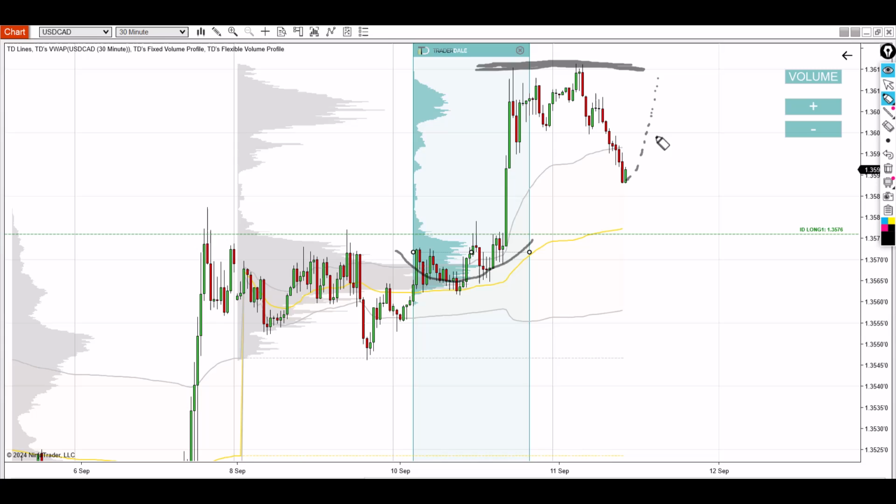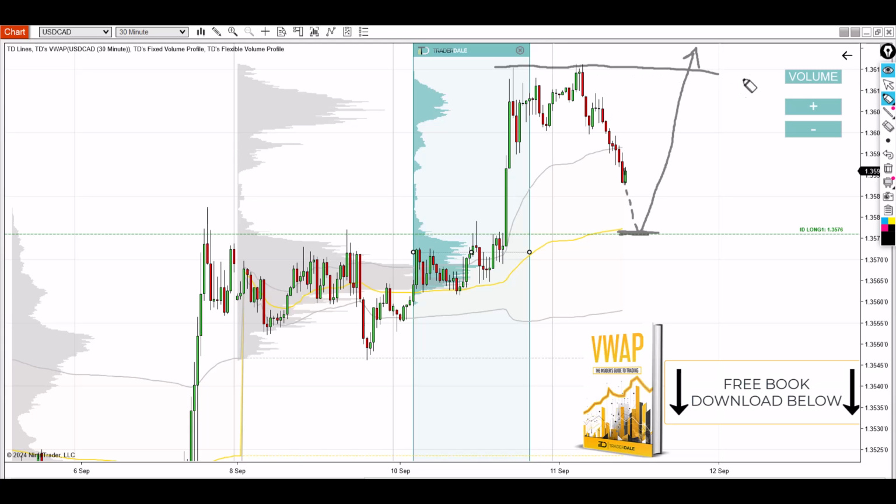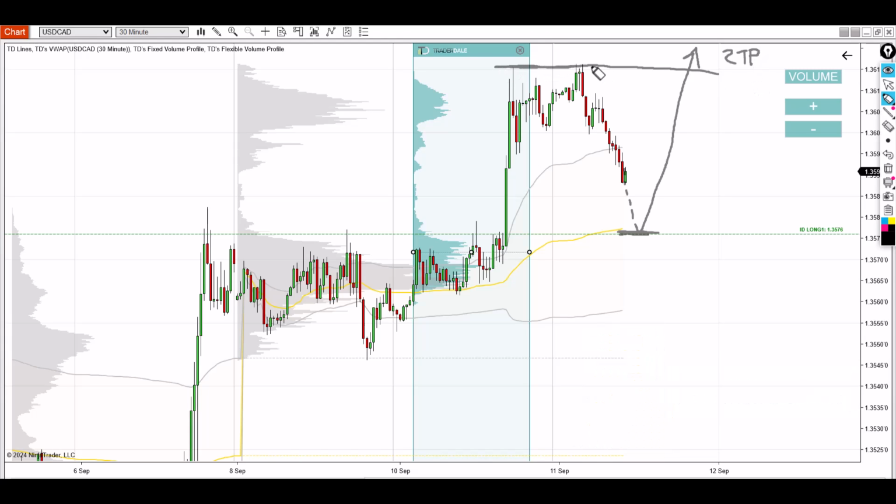Both of those should attract the price should it come close. So I wouldn't be too surprised if the price made a pullback to that level and in an ideal scenario made a reaction and went past that failed auction here. That would be, let's say, the second take profit. The first one would definitely be sooner, but the second could be a tick above this failed auction.